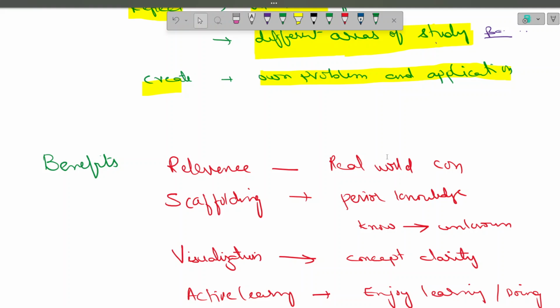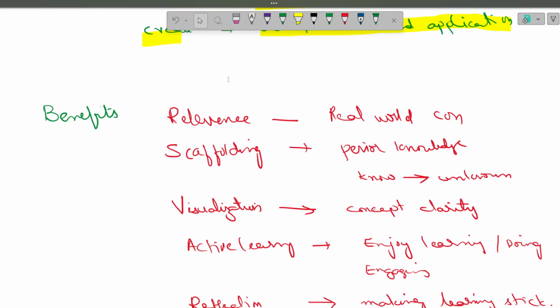What are the benefits of this? First principle of learning: whatever they are learning becomes relevant for them. The student will not feel that they are learning unnecessary things. They will make a real world connection. One more benefit is scaffolding. You support them, and after some time you remove the support. We have discussed known, unknown to known, known to unknown. This is the cycle.